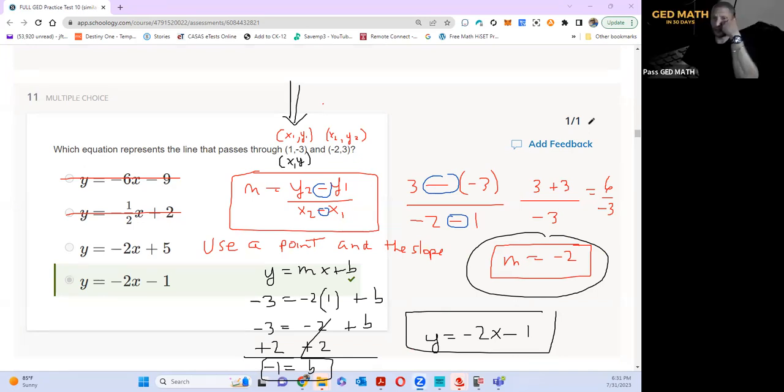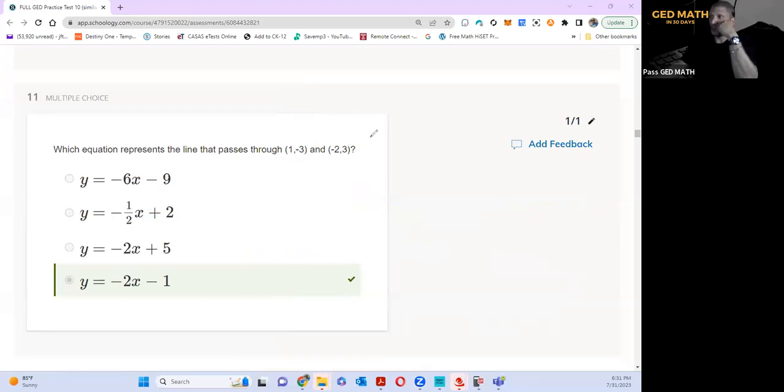Okay, real quick. We said our slope was -2. Because somebody brought up the point slope formula, I want to use it. Now I like my way better.